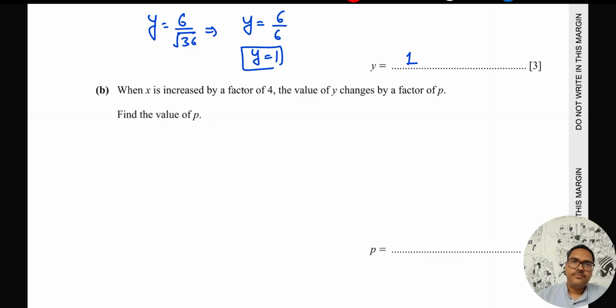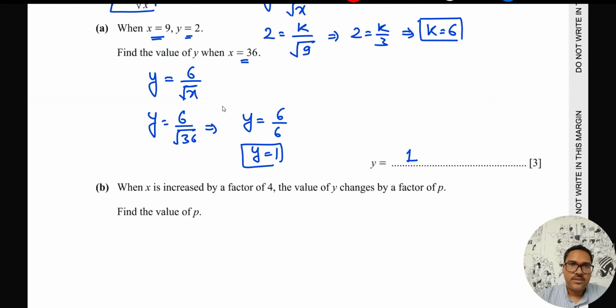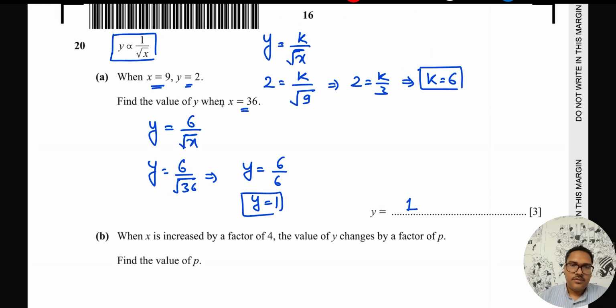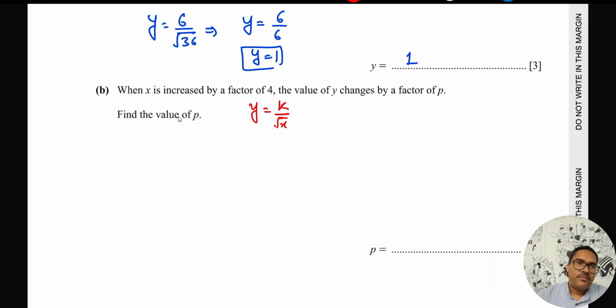Now, when x is increased by a factor of 4, find the value of y changes by a factor of p. Find the value of p. Okay. So the question is, we have y is equal to k by root x, correct? What is k? K is 6. So this is 6 by root x, right?